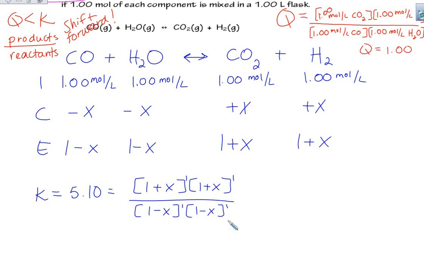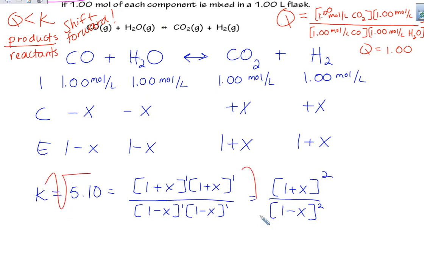Okay, so what are we going to do here? Really, we could write this as (1 plus x) squared over (1 minus x) squared. We could simplify that. And then could I simplify this even further by taking the square root of both sides?